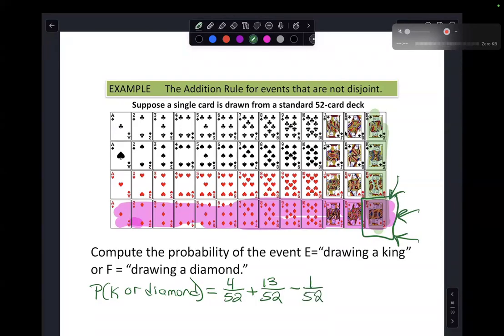That's the and. Because I highlighted that one 2 times, I have to subtract one of those times. So I have 4 plus 13, so I have 17, minus the 1 gives me 16 out of 52, which is 8 out of 26. So it's 4 out of 13.